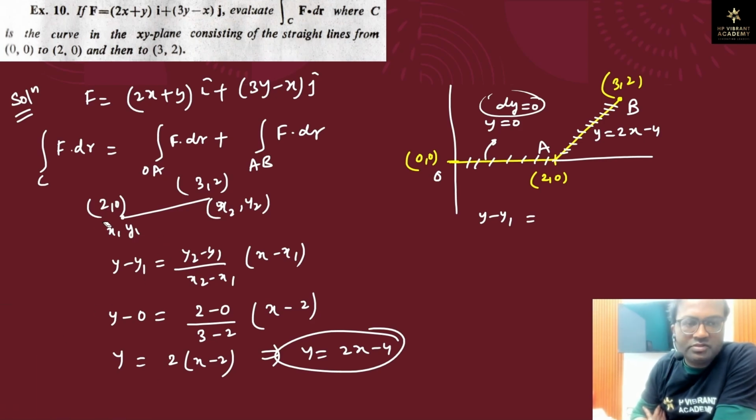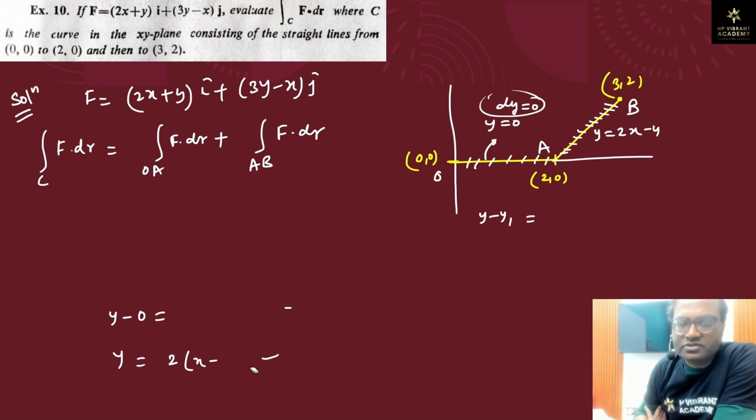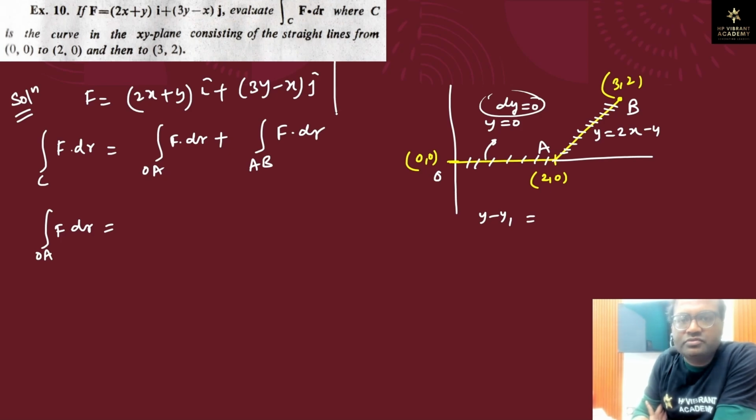Now let us further simplify this. Let us find the integral along OA first. So integral along OA of f dot dr, directly we can write this. We have dr as dx i cap plus dy j cap.